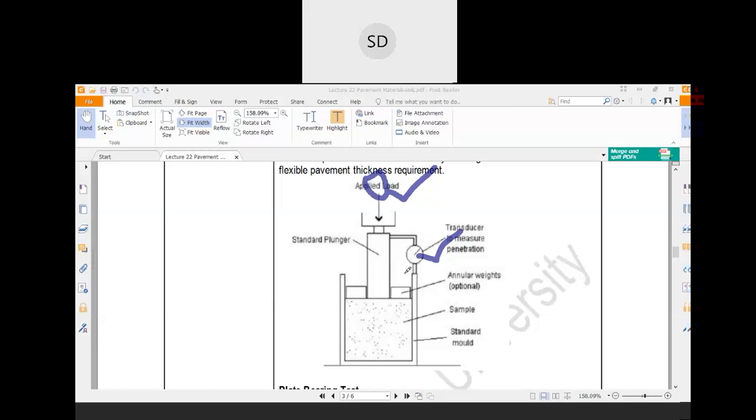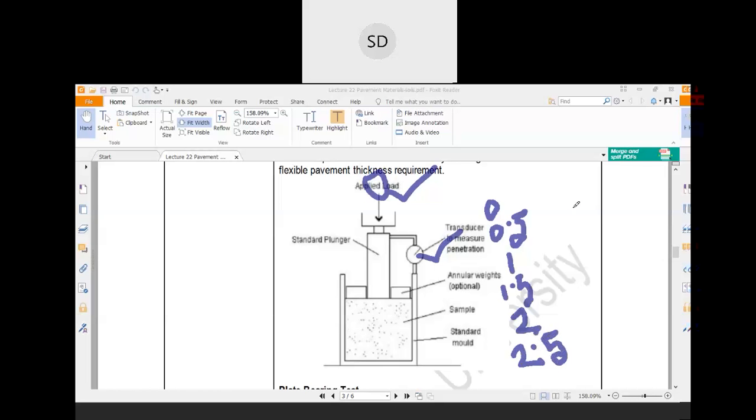After you place the sample and you start loading, you have to take the load values for different deflection values. Basically there are different standard deflection values: the first one is 0, then 0.5, then 1, 1.5, then 2, then 2.5 mm.